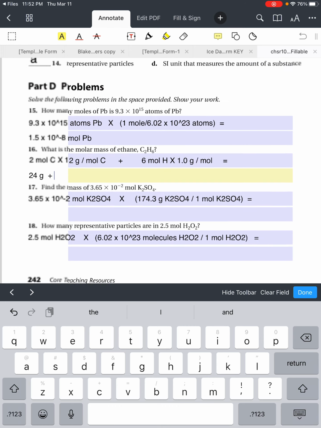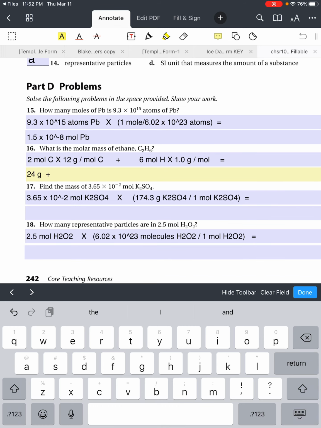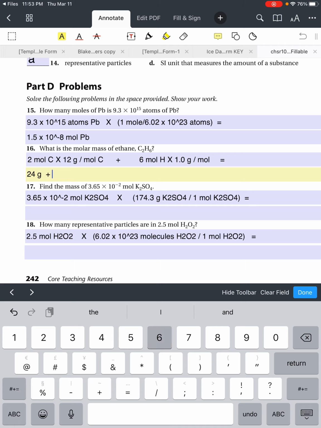If you look in the periodic table, carbon was 12.0108 grams per mole, and hydrogen is 1.00795 grams per mole, but I think the two significant figures is fine. And that would be 6 times 1 is 6.